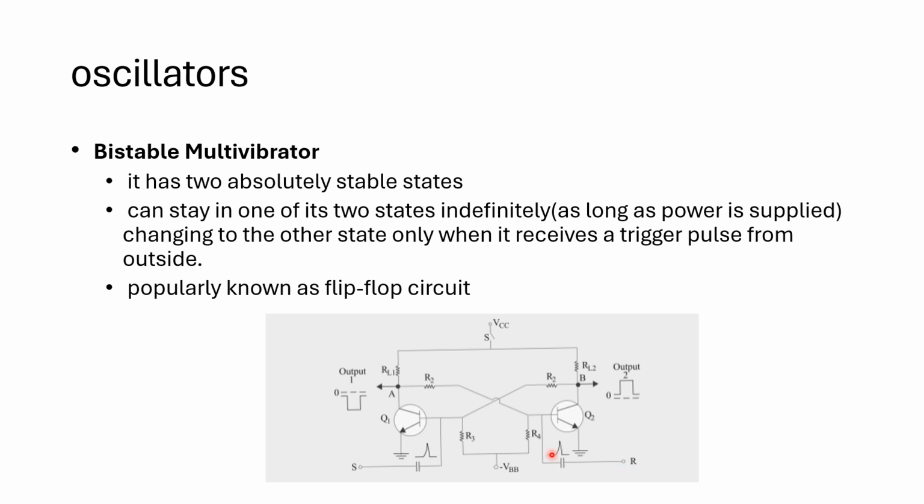R is for reset and S is for set. Therefore, only one at a time. In an RS flip-flop, there is no such thing as 1 and 1. It's either 0, 1 or 1, 0 or 0, 0. It is impossible for us to have both 1 for the set and reset in a flip-flop.